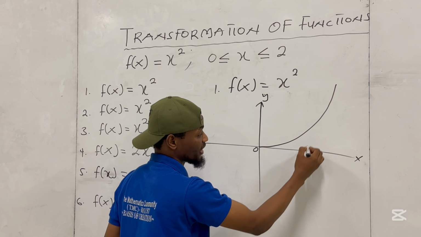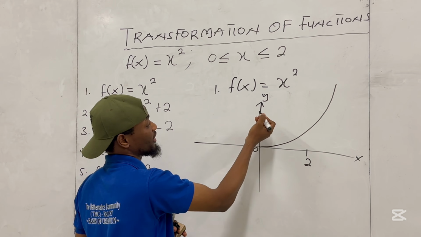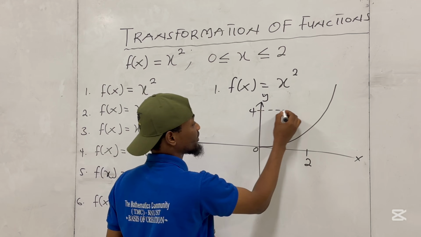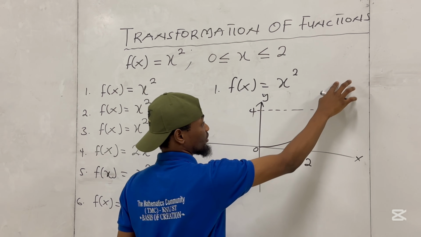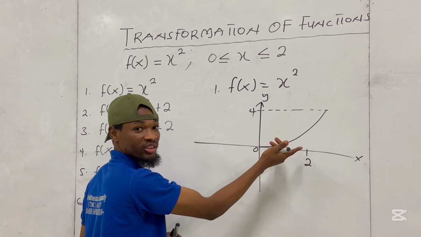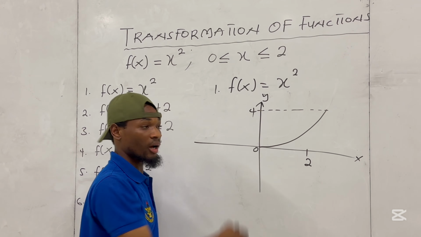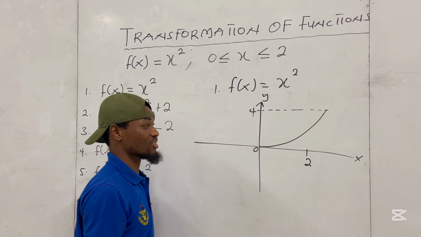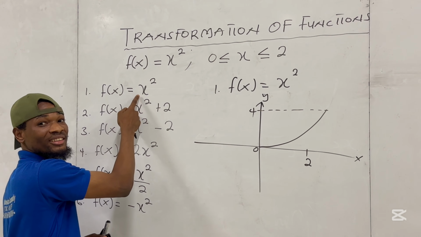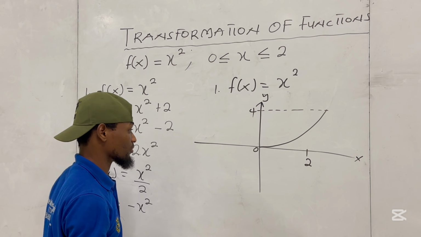Let's say from here to here is 2, and let me assume that here is, let's say, 4. So I have something like this. Let me clean this one. So from 0 to 2. I guess you can choose any value for y along your y axis. So viewers, this is the graph of this under this inequality or this condition.